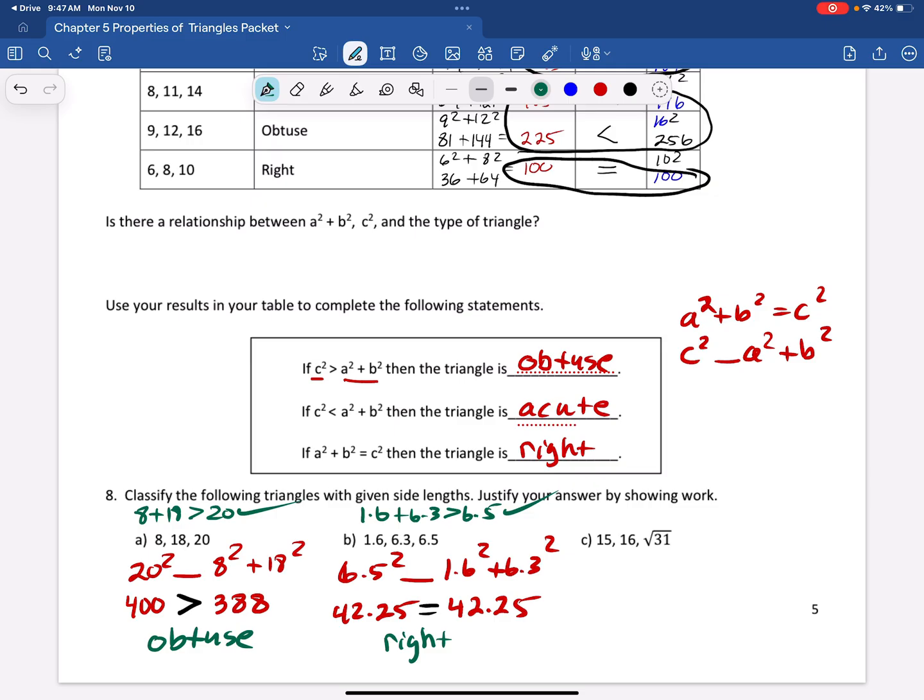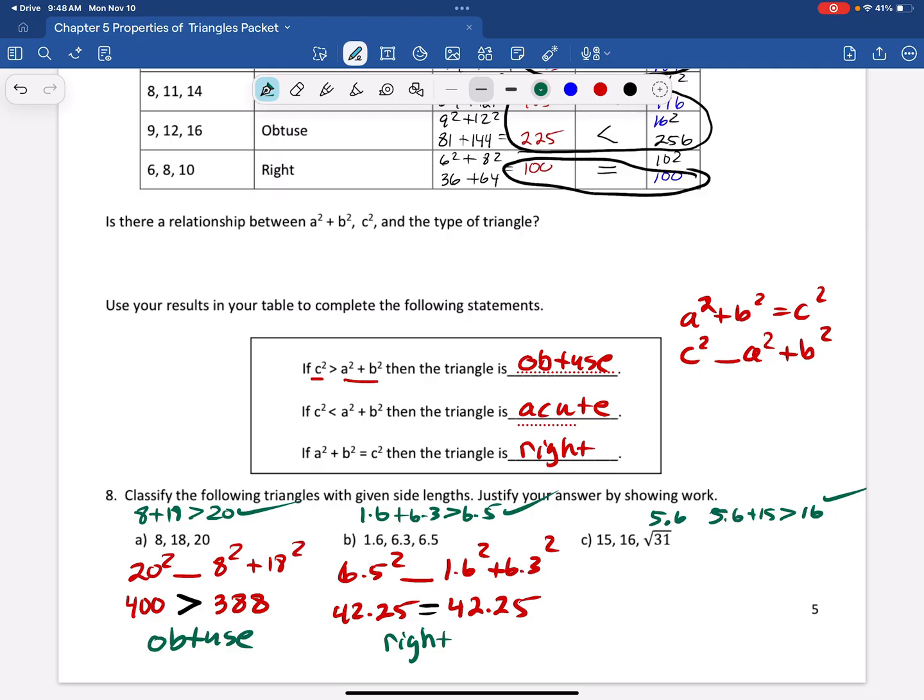All right, and then over here, let's test this one. First off, the square root of 31 is around 5.6. So that's the smallest side. So we need to ask ourselves, is 5.6 plus 15 greater than 16? And it is. So these are the three sides of a triangle.